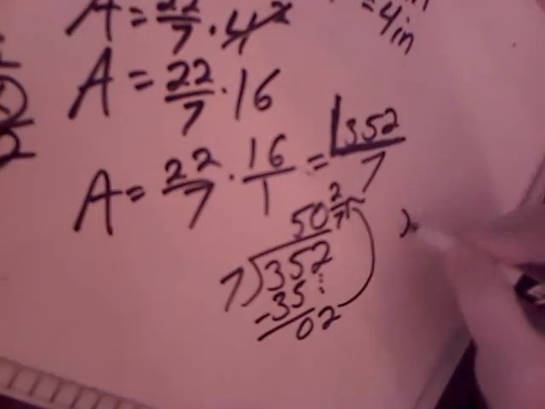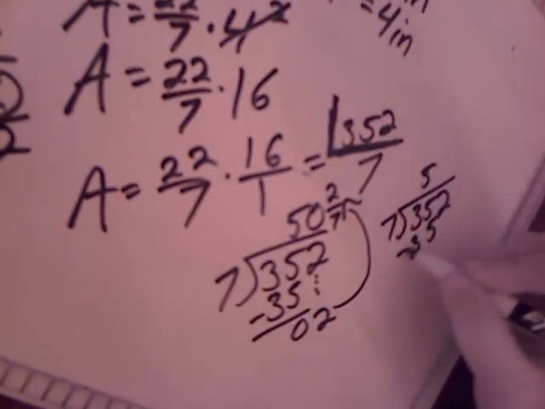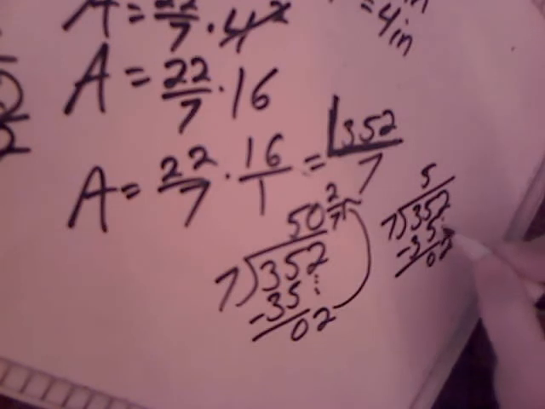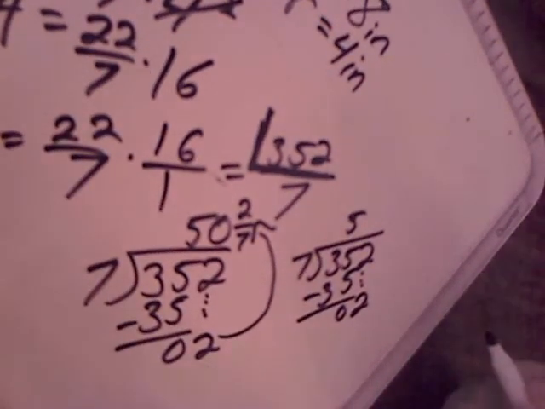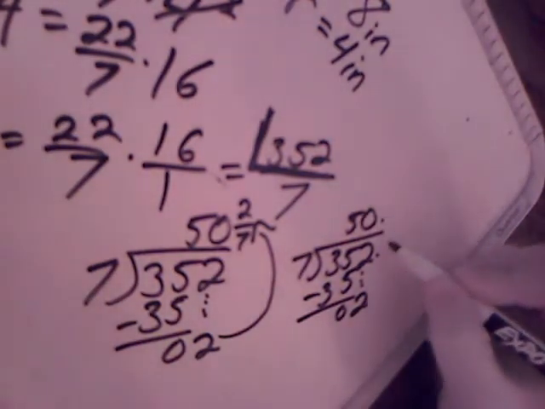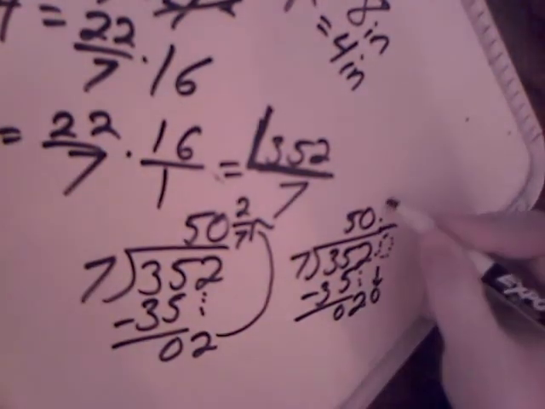If you would have used a decimal, let's go ahead and reset this for a minute. You can see that I'm really not doing anything different at this point. If I would have used a decimal, then I would have put decimal, decimal, put the invisible 0, drag it down. 7 goes into 22 times, which is 14.